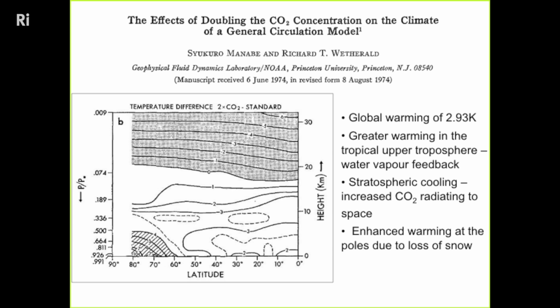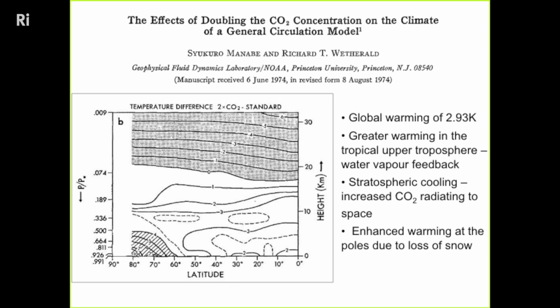And at that time, we had the first what-if paper, from Manabe and Wetherald, one of the seminal papers looking at the effects of doubling CO2 concentration on the climate of a general circulation model. So we weren't very far up that Keeling curve at that point, but this was a what-if.